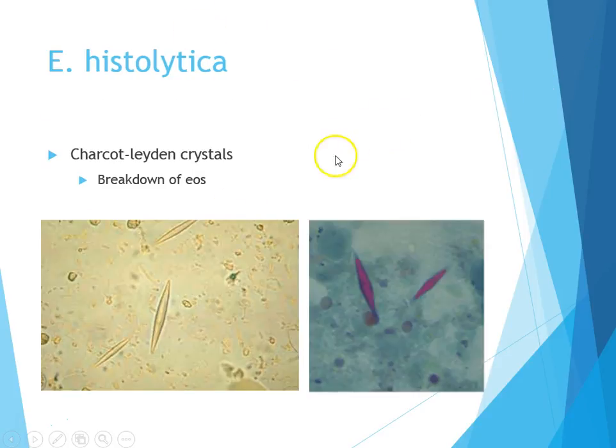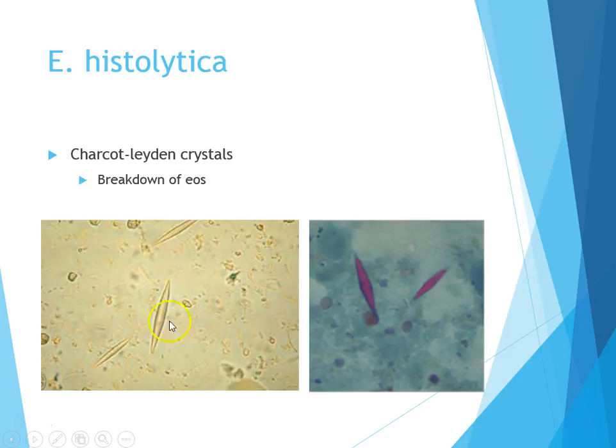Okay, with histolytica, as you remember in heme, the eosinophils are what fight off parasites. Sometimes, I've never seen this, but you can see crystals called Charcot-Leyden crystals, and these crystals are from the breakdown of eosinophils.